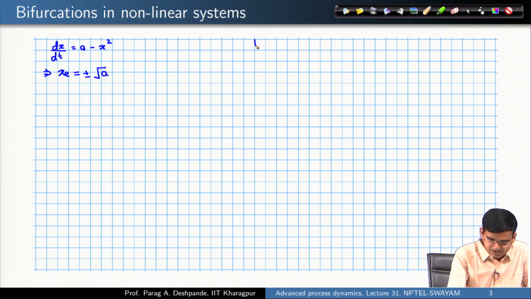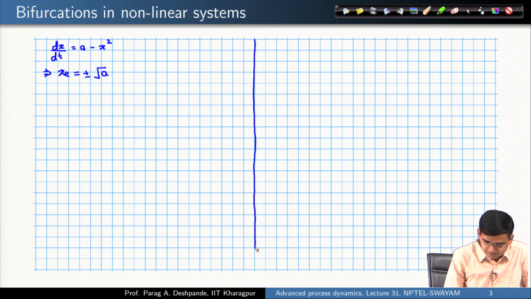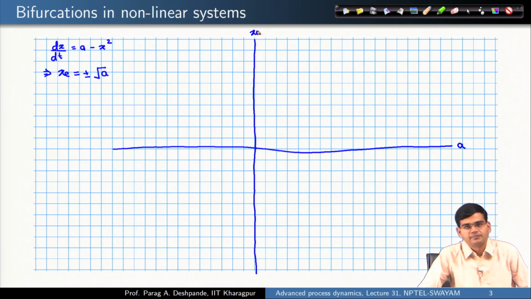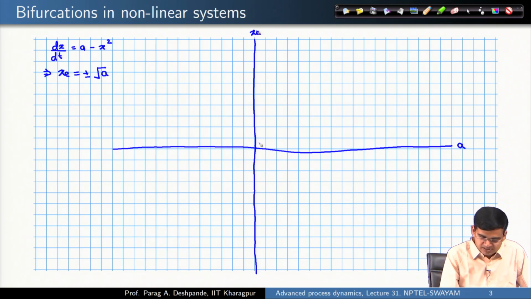So, on this plane, I will draw the axes as a and x e. x equilibrium is equal to plus root a would look like this.